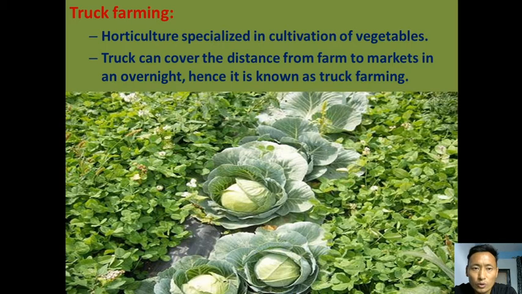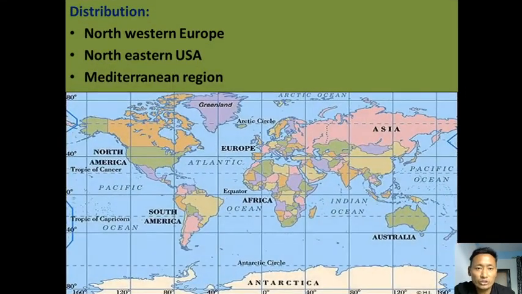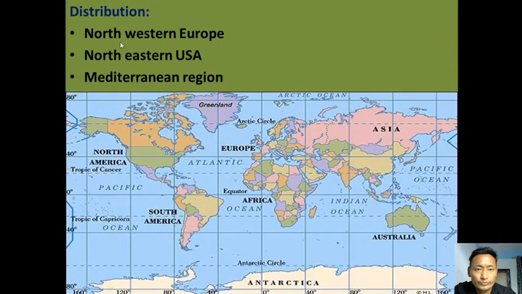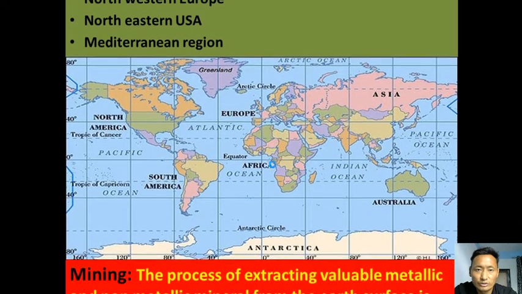And they are mostly transporting these vegetables by trucks. Because of that this is called truck farming. Distribution: northwestern Europe, northeastern USA and Mediterranean regions.